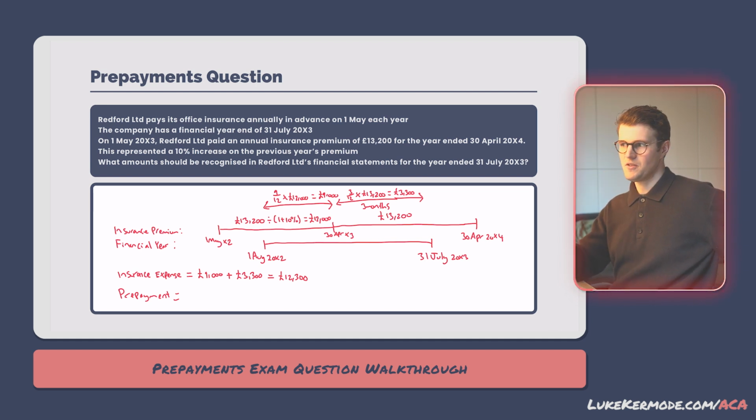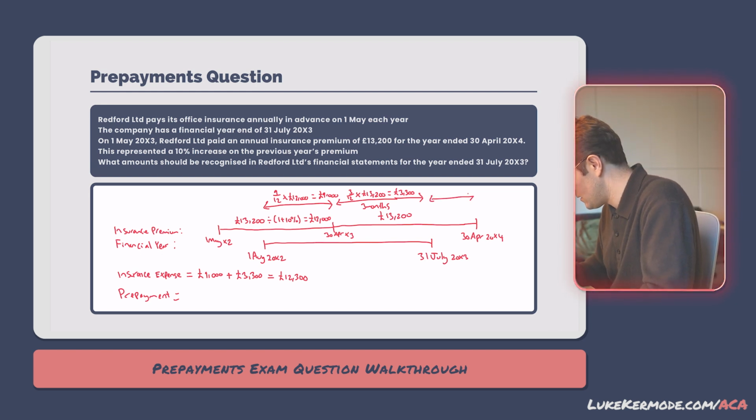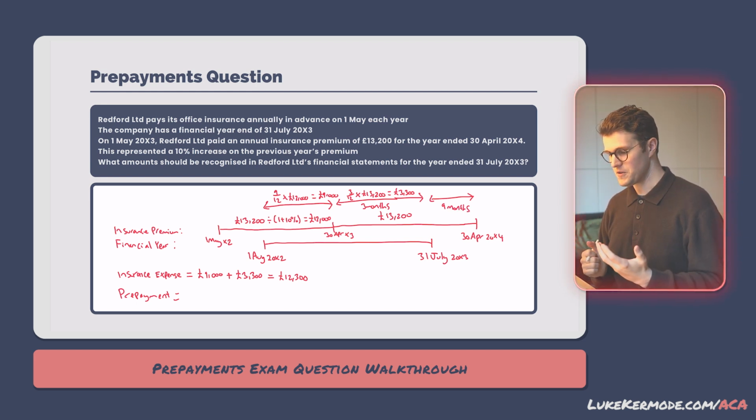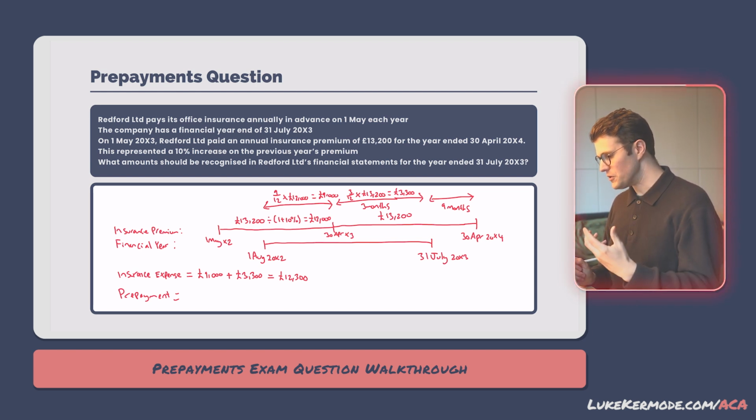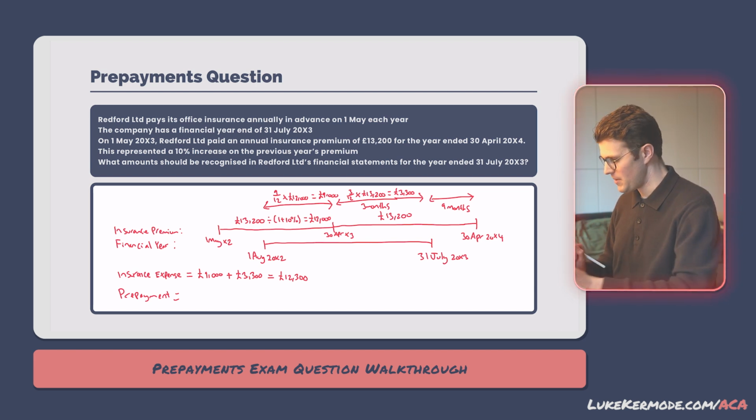So the remaining 9 months from August 2003 through to April 2003 relate to the next financial year. So although the business has paid for the full 12 months of insurance cover up front, it's only benefited from 3 months in the current period. That means the unused 9-month portion needs to be recognised on our statement of financial position as a prepayment.